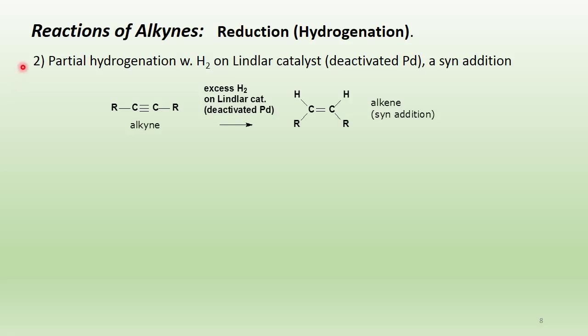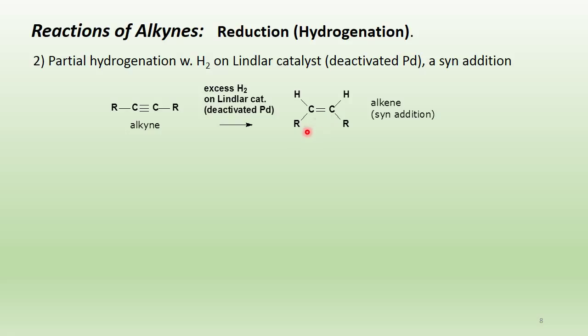A second type of hydrogenation of an alkyne is based on the fact that an alkyne is easier to reduce than an alkene. And so even in the presence of excess hydrogen, a deactivated palladium catalyst called Lindlar catalyst will stop the hydrogenation reaction at the alkene.